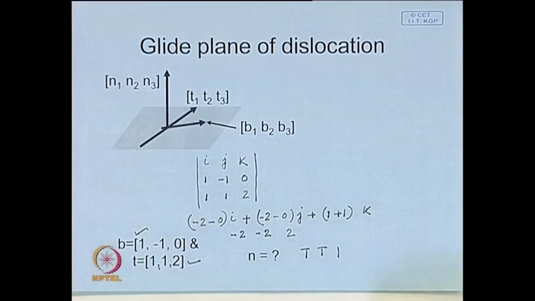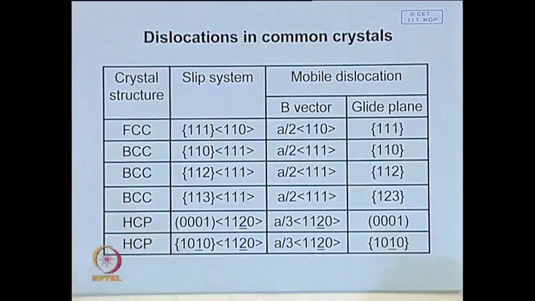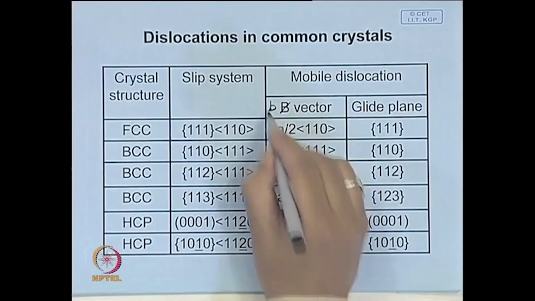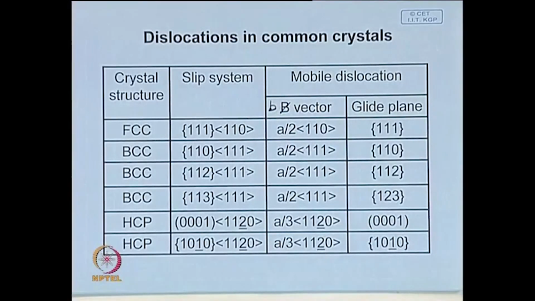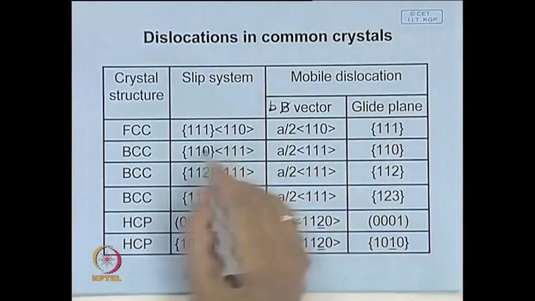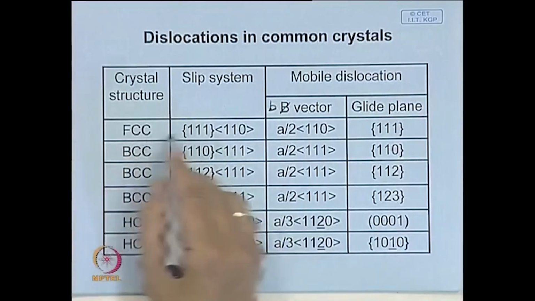So this is a very easy way of finding the glide plane of a dislocation. Now, here are some common slip systems, which give the glide plane and the Burgers vector, which should be small b. Some of these are listed, and we also looked at how many of these are possible, like in this case FCC.